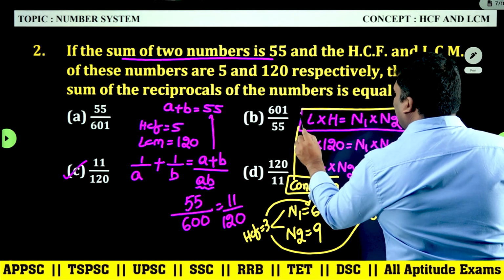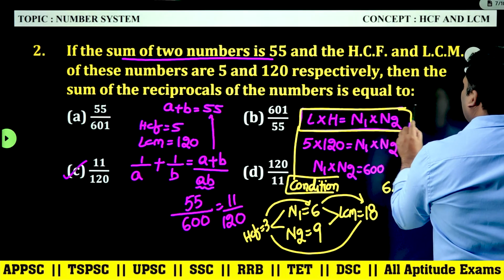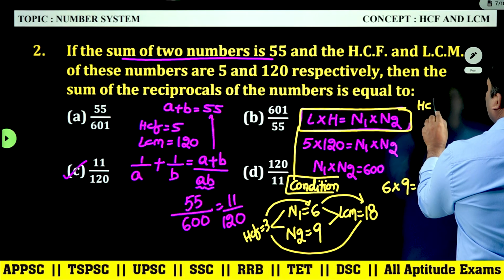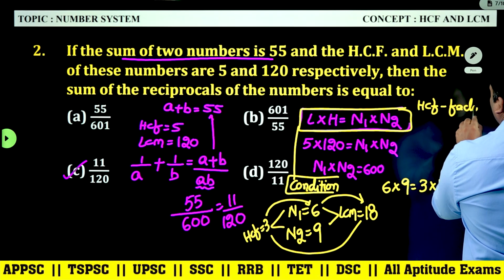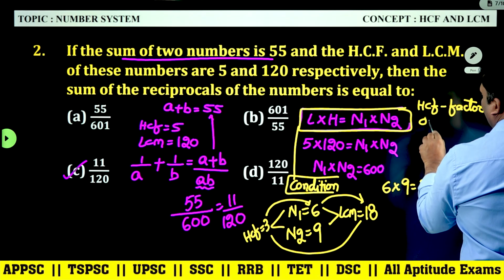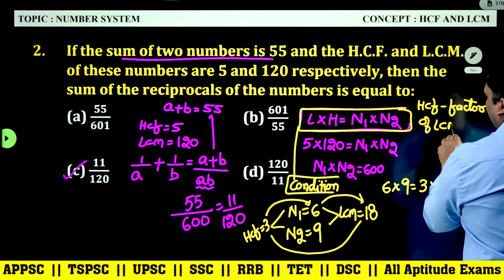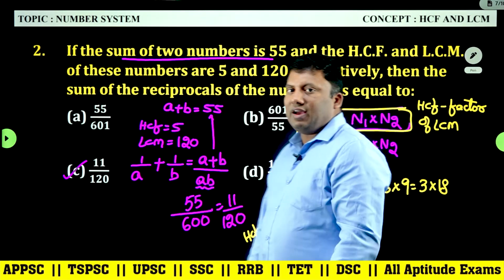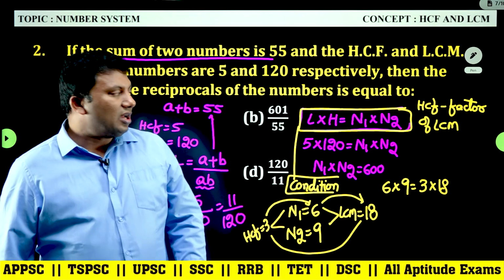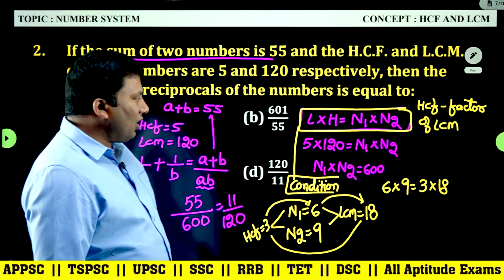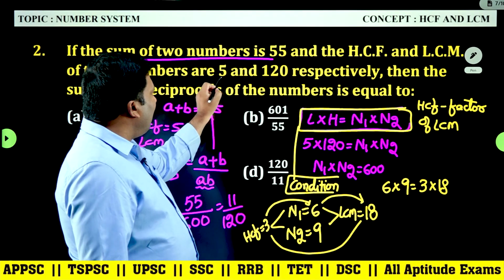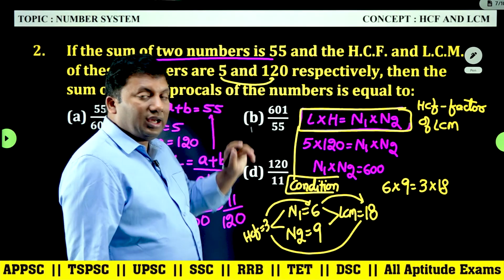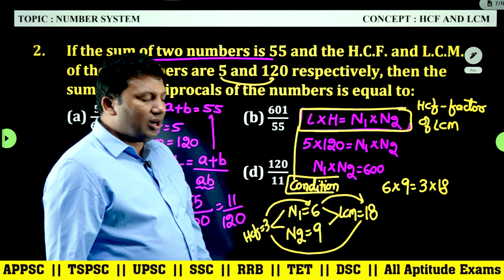This notation is used as long as it satisfies a property: HCF should be a factor of LCM. That is what I wrote in question number 1. Blindly don't use it. Here 5 is a factor of 120; 5 24s are 120.